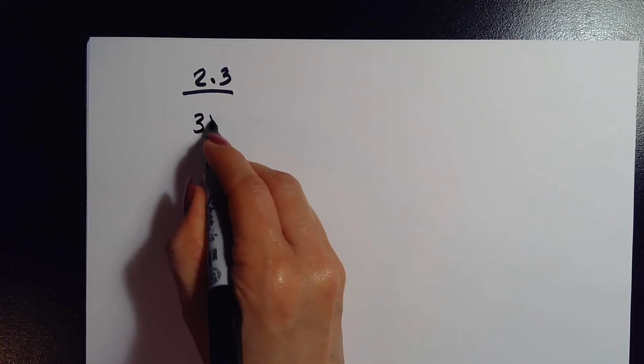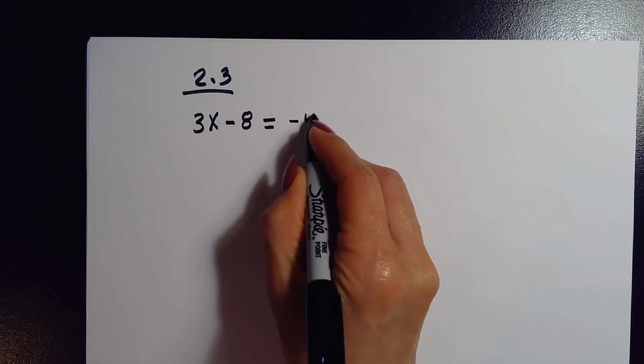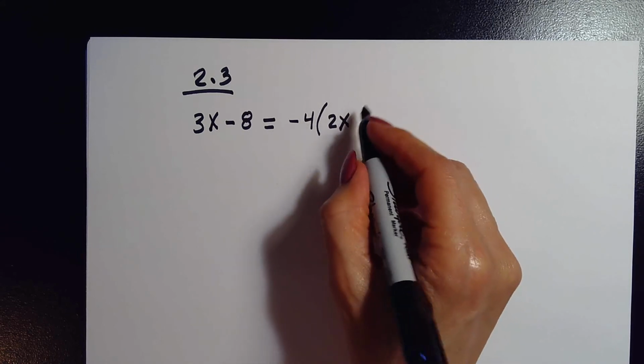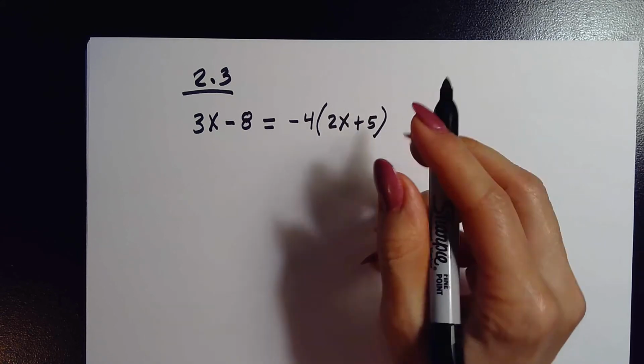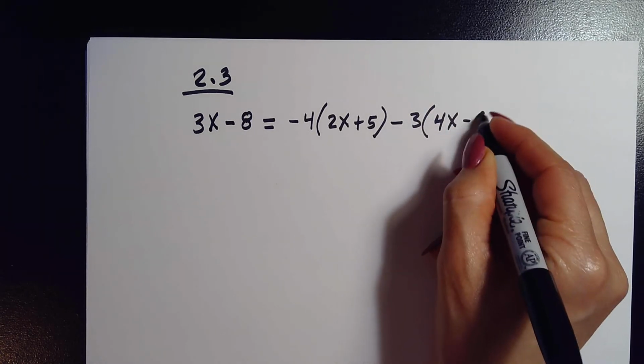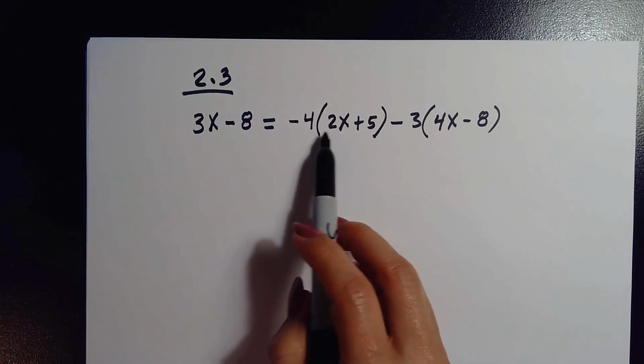We have 3x minus 8 equals negative 4 times 2x plus 5 minus 3 times 4x minus 8. Okay? Alright. So the distributive property needs to be applied here, right?